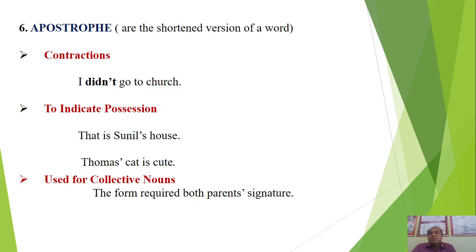The next example under apostrophe is its use with collective nouns, in an example sentence like this: The form required both parents' signature. So parents signifies both mother and father, so an apostrophe has to be placed after the word parents.